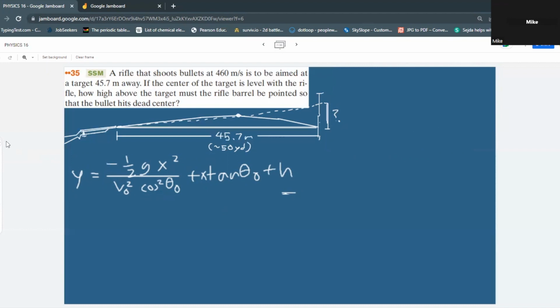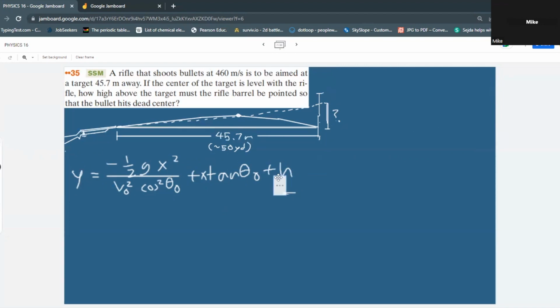So, what is the initial height? Zero, because it's literally level with the ground, with the target point.